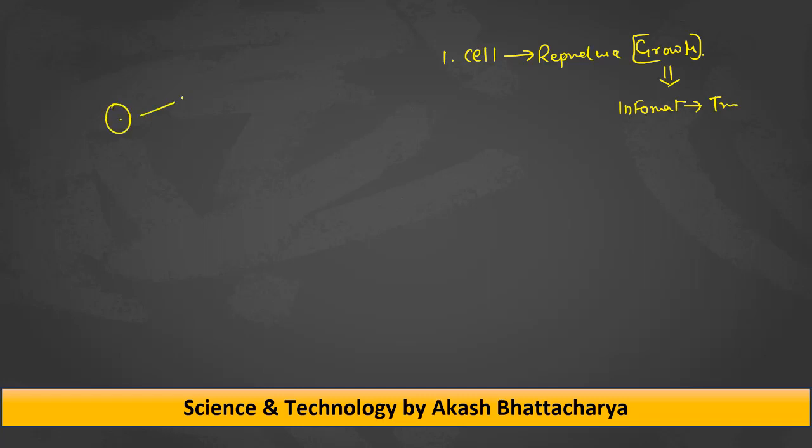So this is the parent cell, and these are the daughter cells. This is the parent cell. So information will be transferred from the parent cell to the daughter cell. Okay. And where will the information be stored? Information will be stored in the DNA, the full form of which is deoxyribonucleic acid.